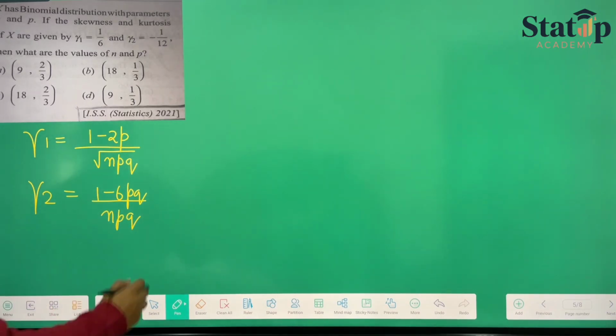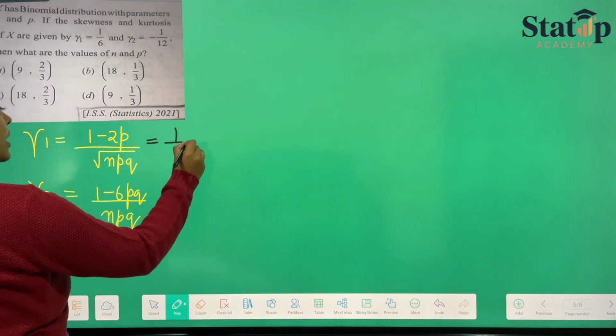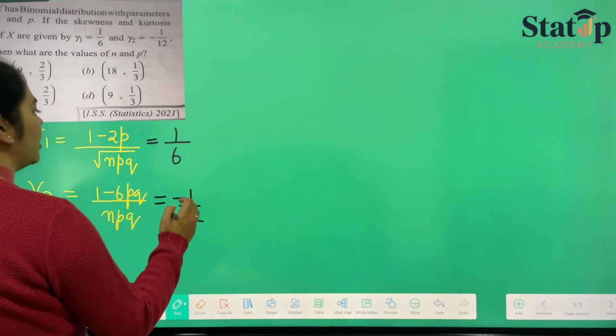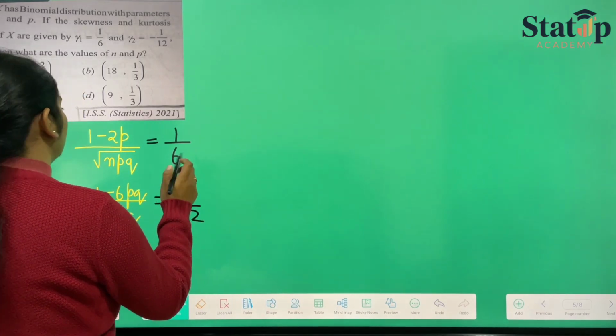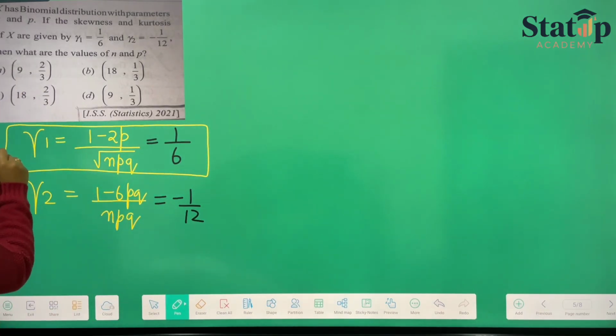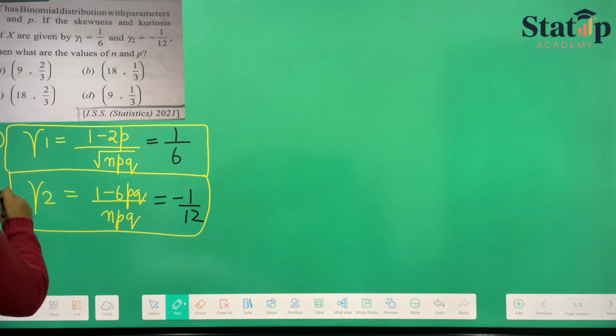Their values have been given as 1 by 6 and minus 1 upon 12. Now the above one is equation 1 and the below one is equation 2.